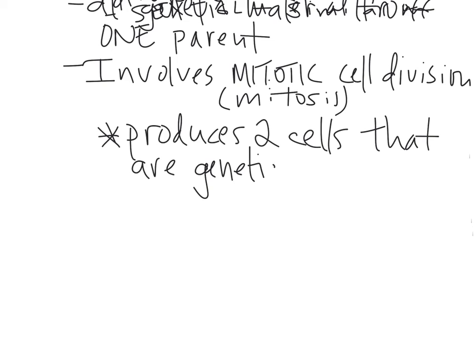So essentially, asexual reproduction is making a clone. Now we know that cloning, what we learned about, is an artificial type of biotechnology or genetic engineering. This is making a clone naturally.